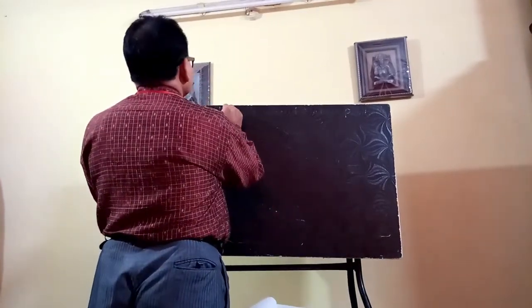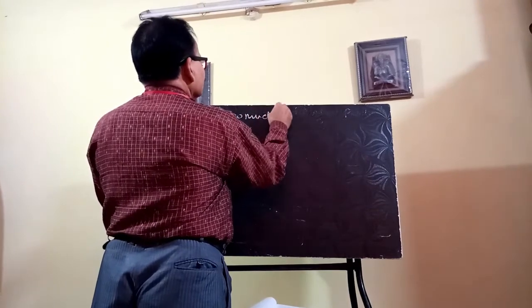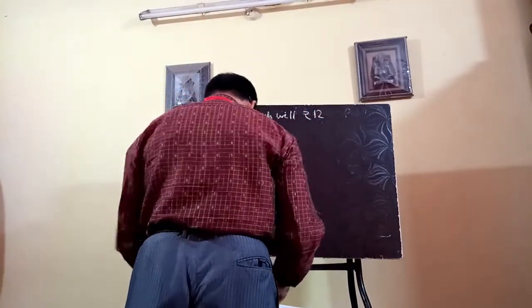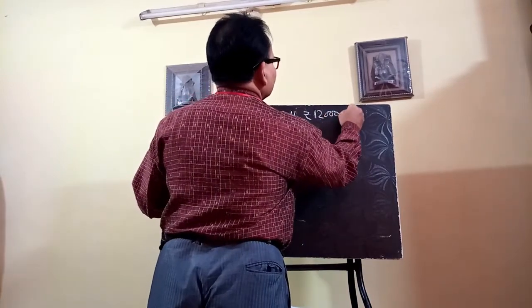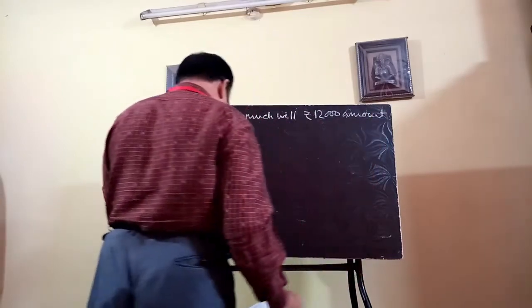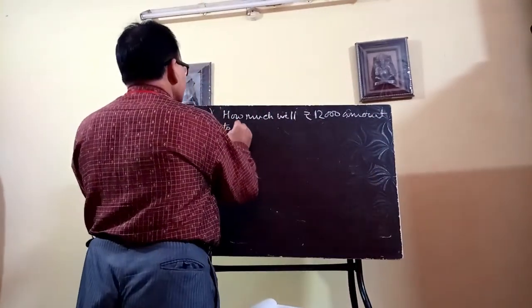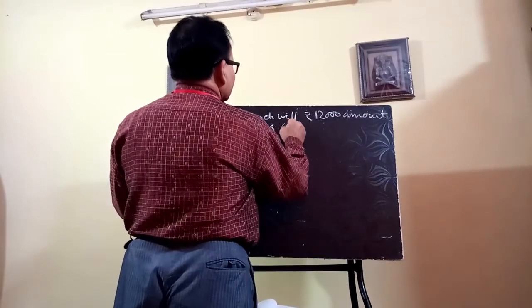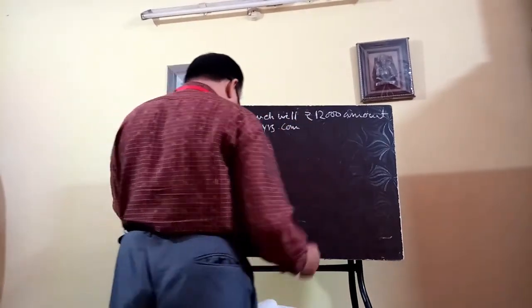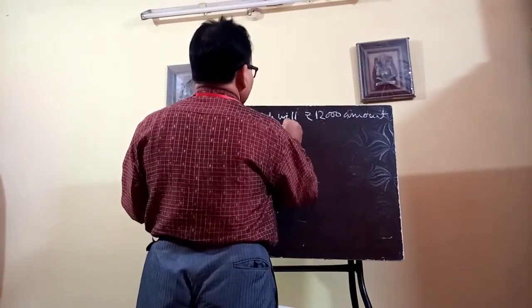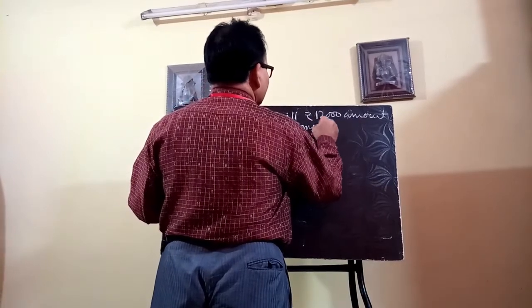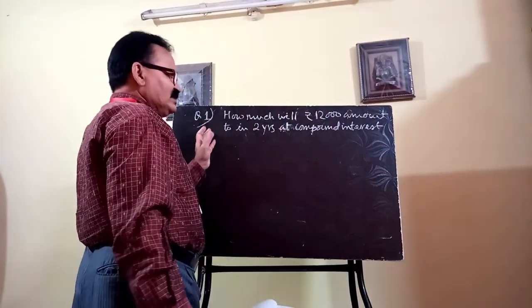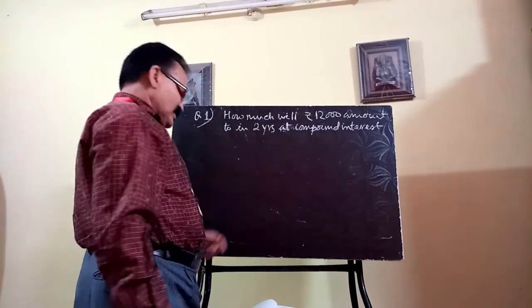How much will rupees 12,000 amount to in 2 years at compound interest?